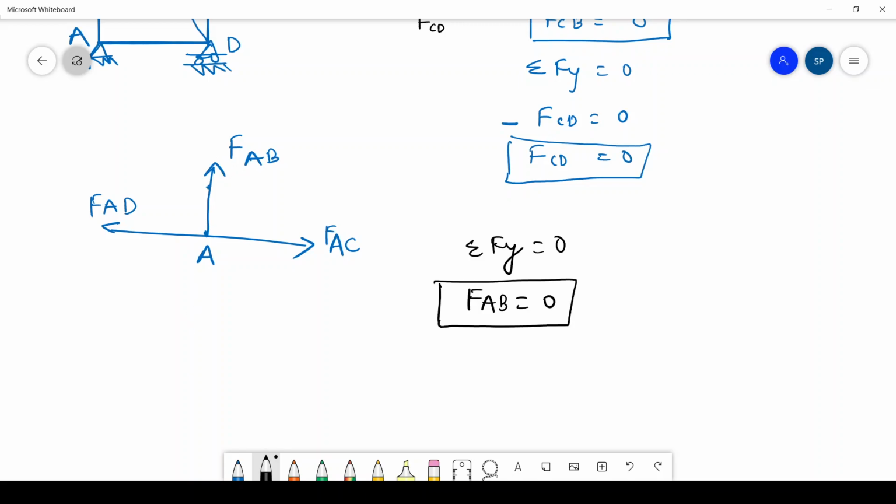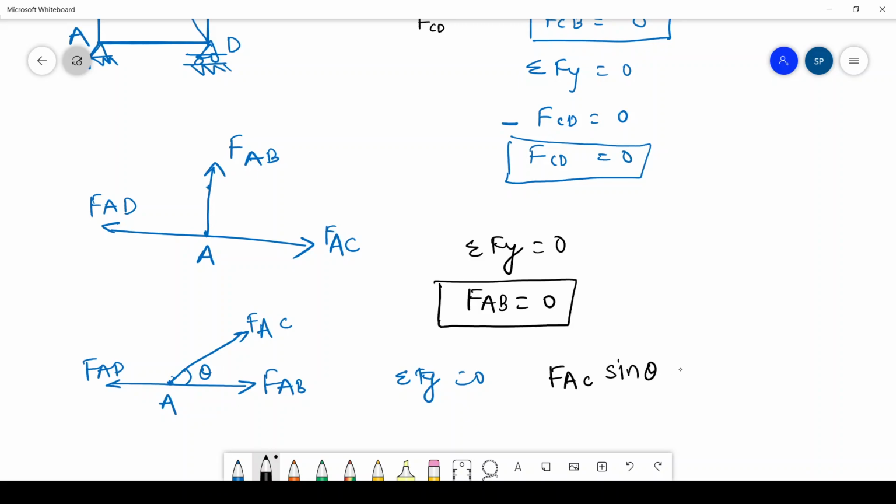Similar to this, there may be such an inclined member as well. Even if it is an inclined member, whatever angle it is making, say FAC, FAB and FAD, if I apply summation Fy equal to 0 to this joint A, I will get FAC sine theta equal to 0.